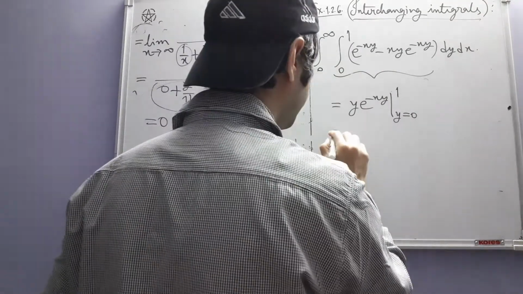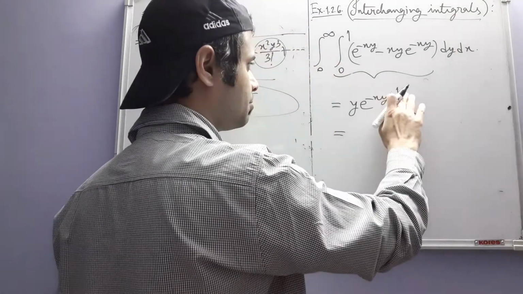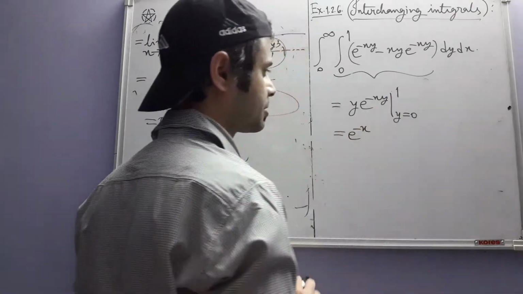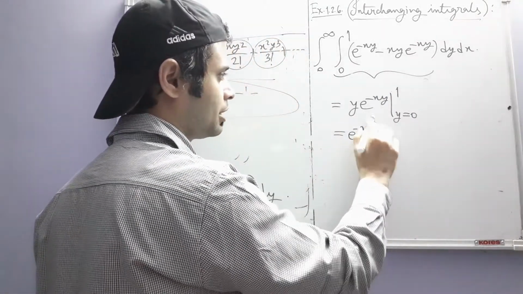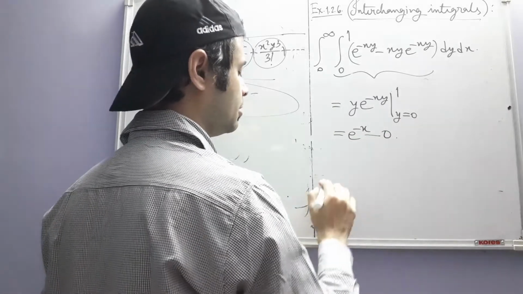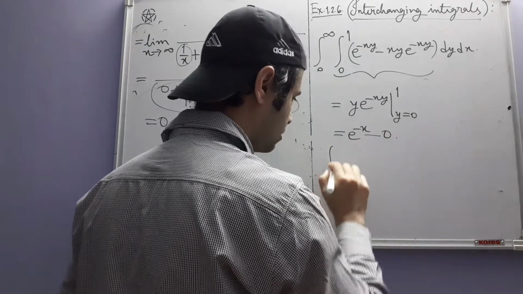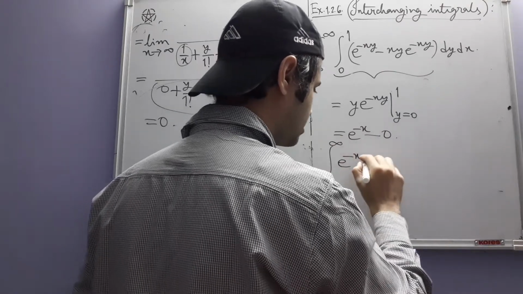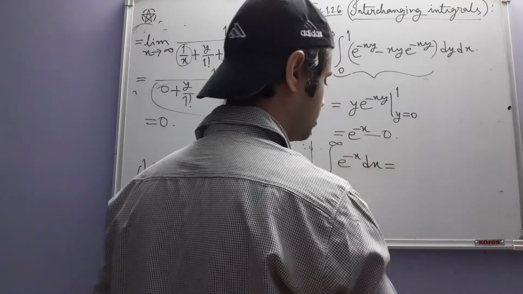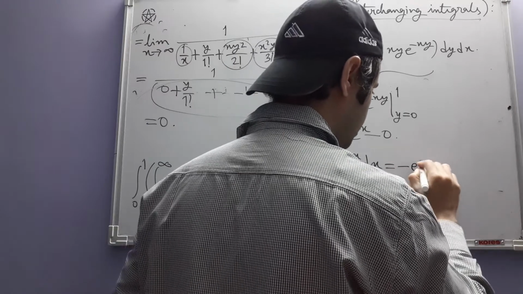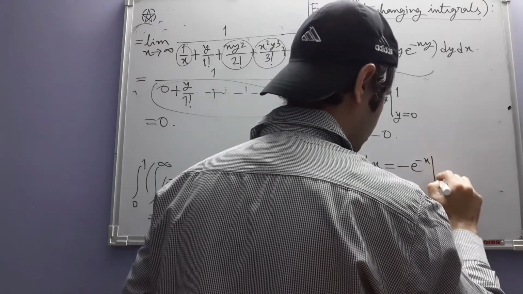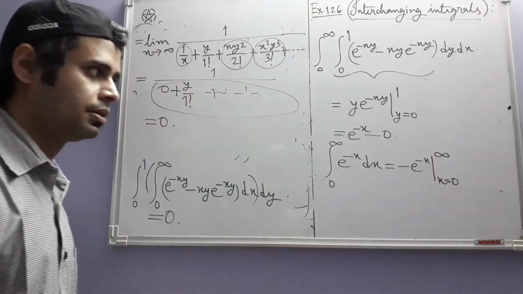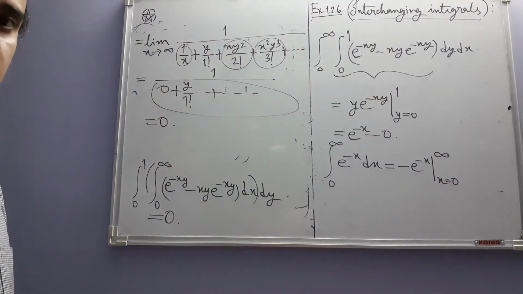Okay. Now, if I put y equal to 1, I get e to the power minus x. Minus, if I put y equal to 0, then this vanishes. So, we are calculating now the outer integral becomes e to the power minus x dx, which is nothing but minus e to the power minus x, where x goes from 0 to infinity. E to the power minus infinity is 0.